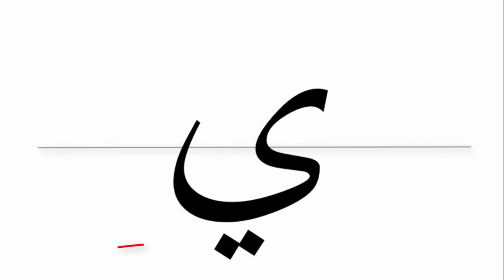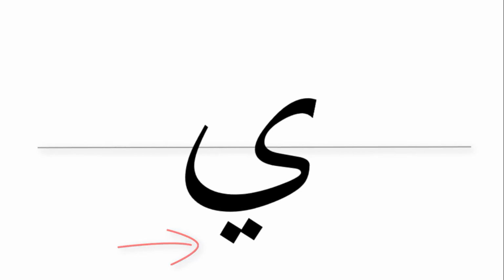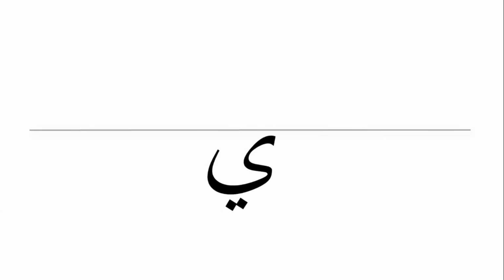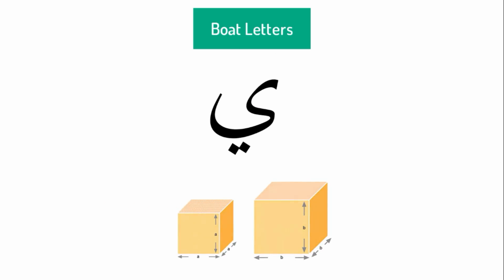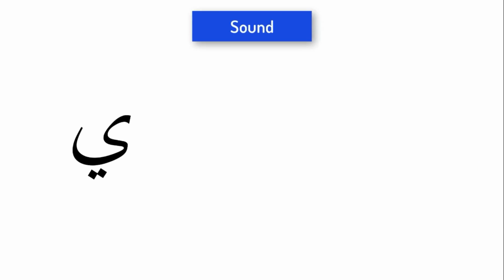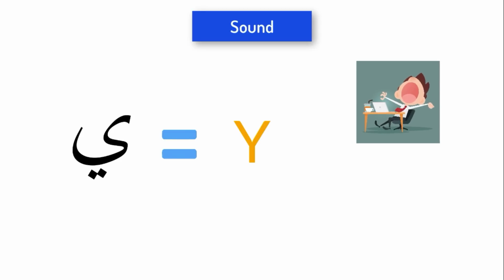It also has two dots below the letter. Now, just like the noon, it's placed under boat letters because it behaves like the previous four letters in other areas. The sound that it produces is equivalent to the Y sound in English in words such as yawn and yes.